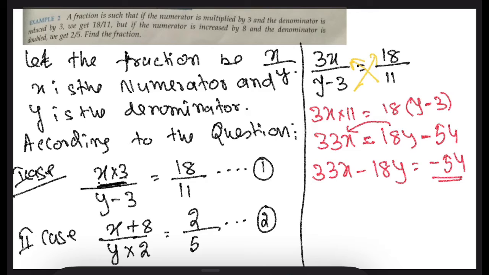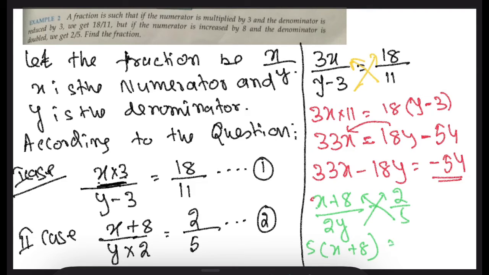Now the second equation, let's see. The second equation is x plus 8 upon y into 2, which is 2y, equals 2 upon 5. Now again cross multiply. So 5 into x plus 8 is equal to 2 twos are 4y.